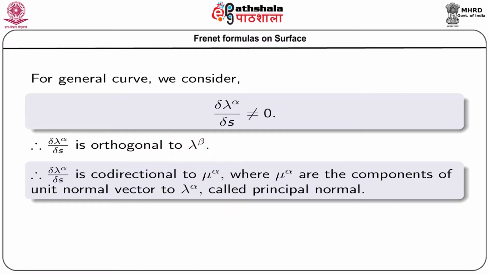That means del lambda alpha del s is co-directional to mu alpha, where mu alpha are the components of the unit normal vector to lambda alpha, called the principal normal.